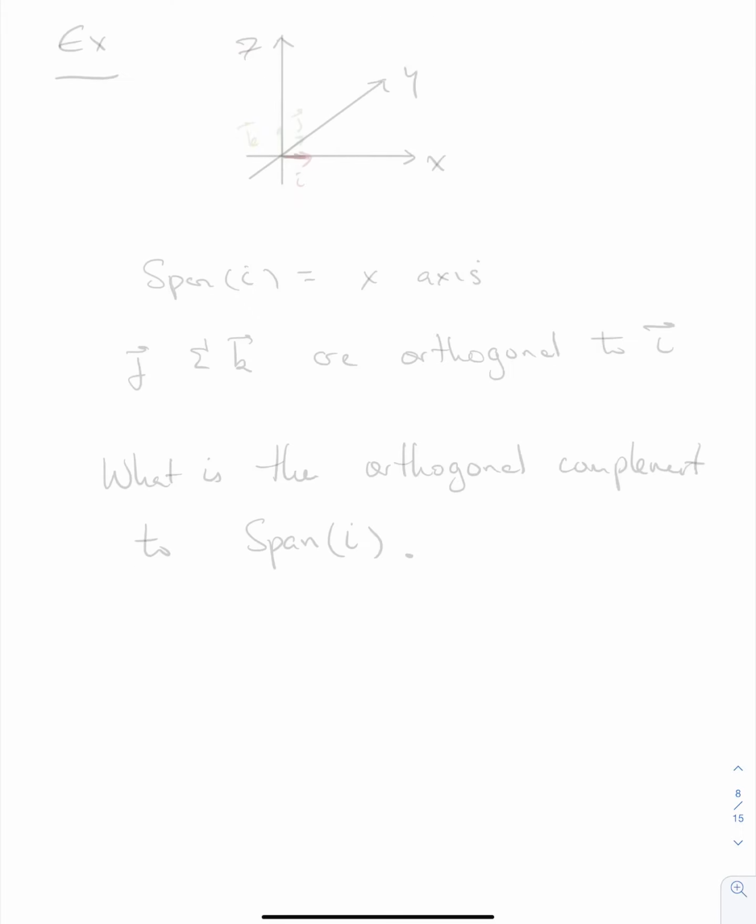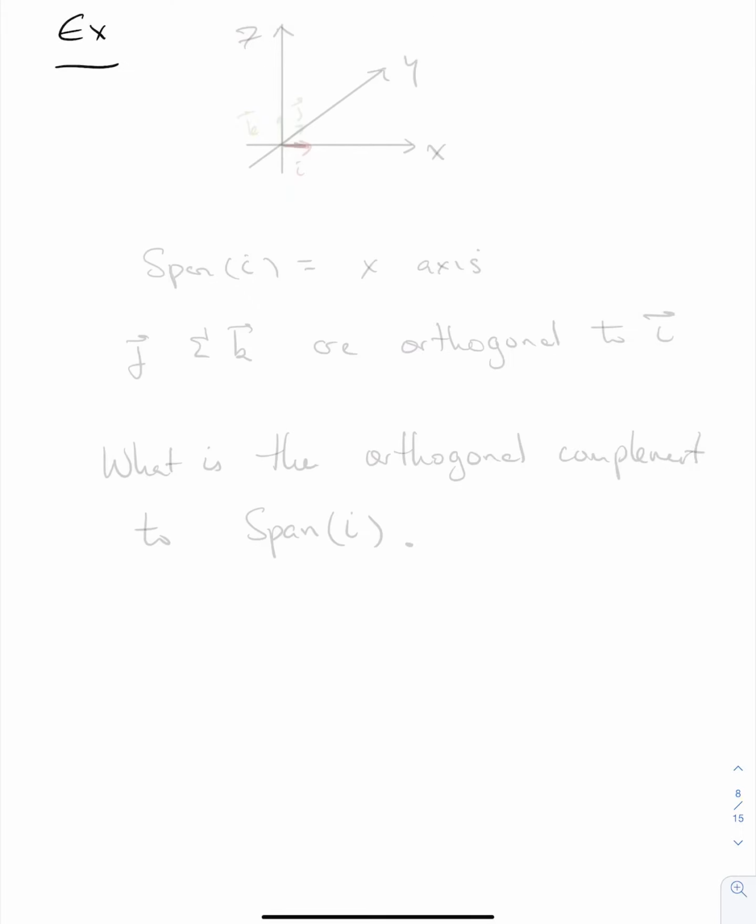Let's do an example. So let's just take our normal setup, nothing fancy, of our XYZ plane. So if it's our XYZ plane, we know what the unit vector in this direction looks like. This is just i. So the span of i will be, no surprise to anyone, the x-axis.